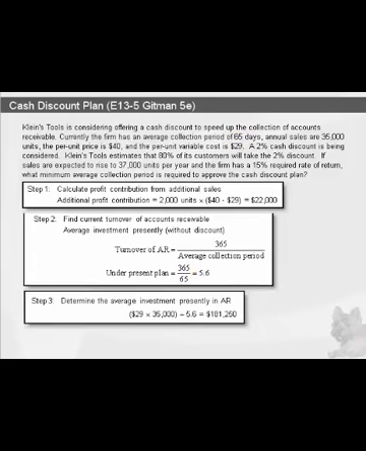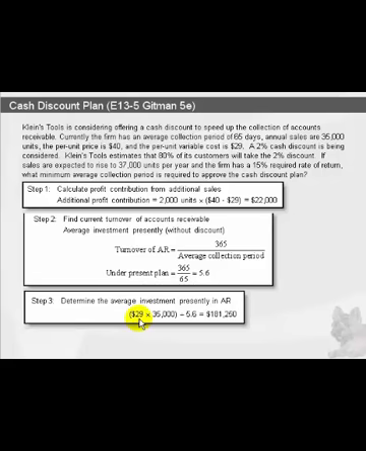Okay, now I've moved some of the steps around a little bit so that we can concentrate on step 3 while we still have the answers that we needed in steps 1 and 2. Step 3 says determine the average investment presently in accounts receivable. So we know the per unit variable cost is $29.